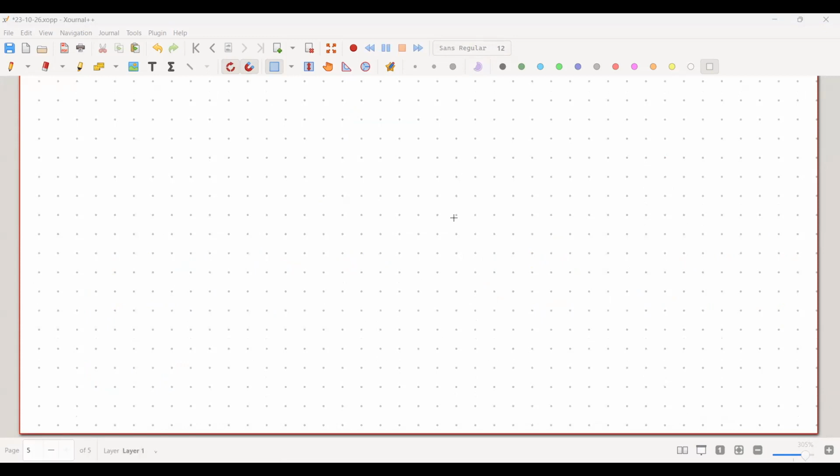Rectangle. Use the method of this. Okay. So you can use as large as possible.